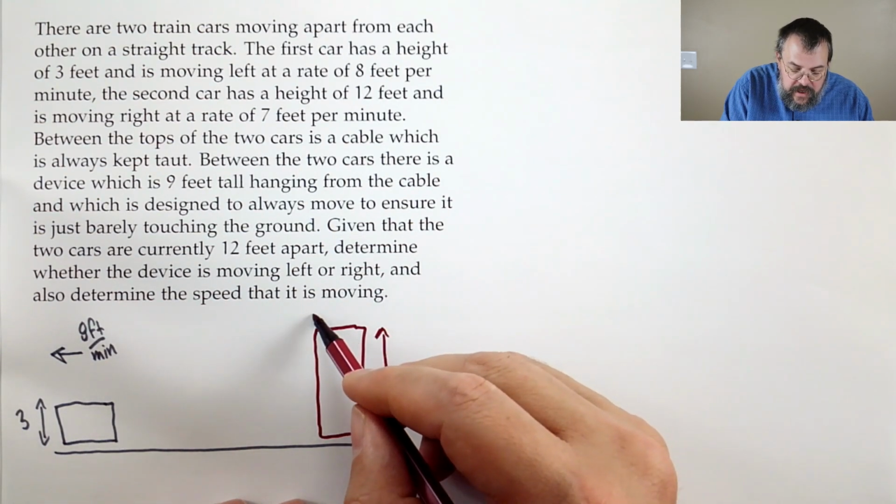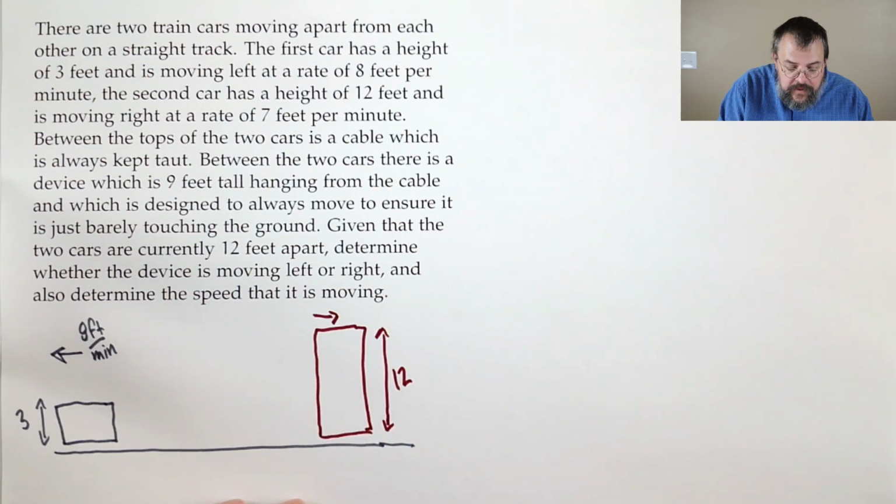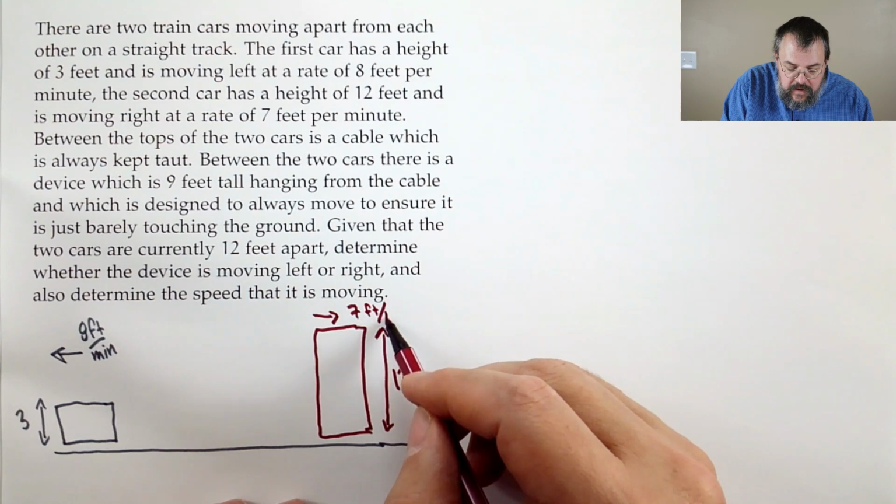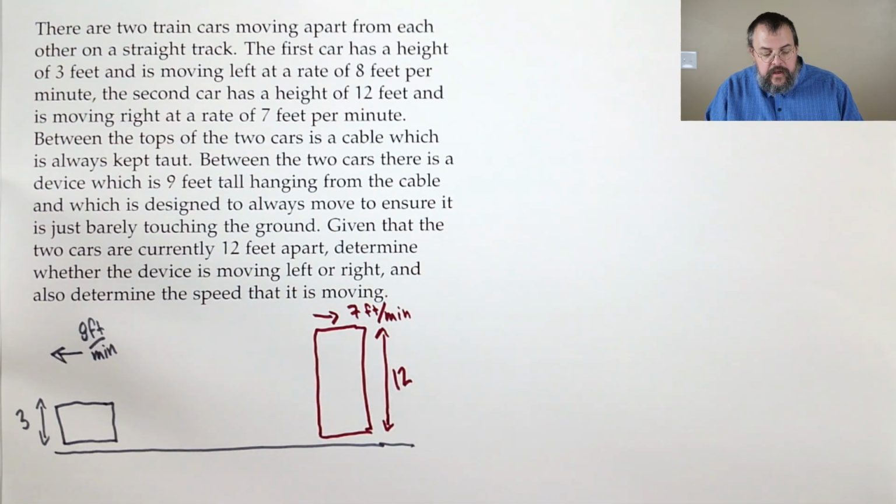And it's moving to the right here at 7 feet per minute. All right, good. Now, between the tops of the 2 cars is a cable, which is always kept taut. Taut is a fun word. It just means it's tight. There's no slack in the cable. Okay, so we draw in our cable.